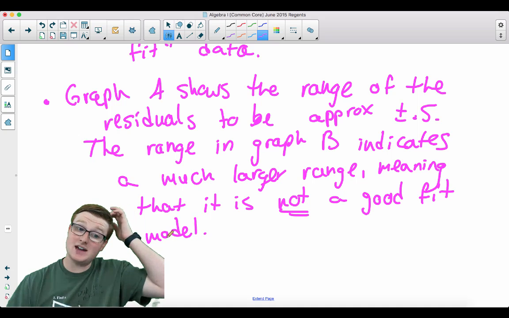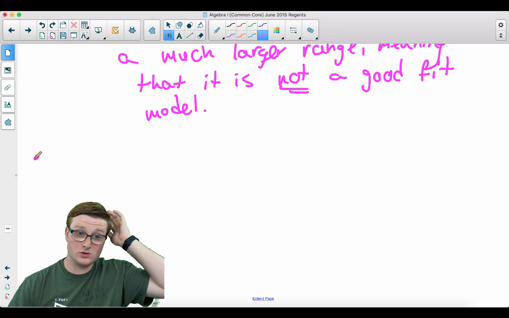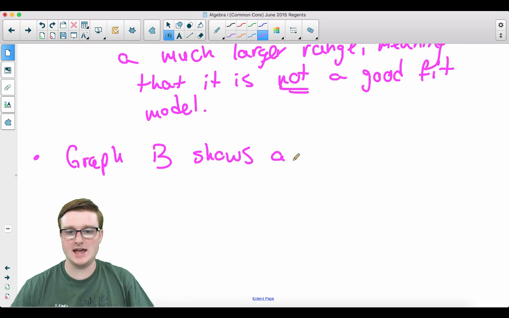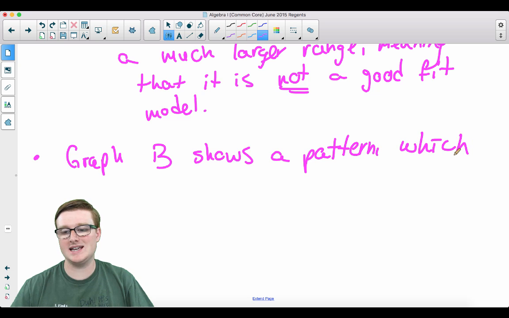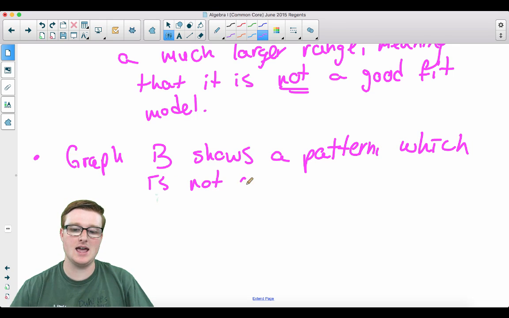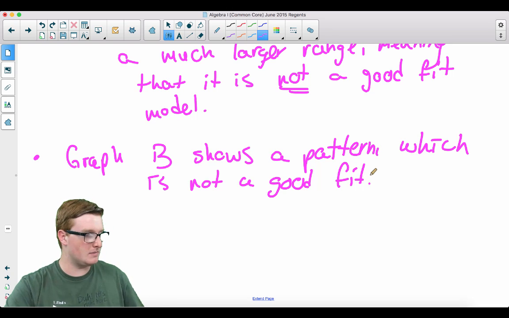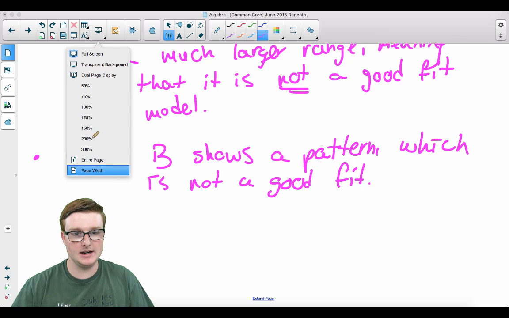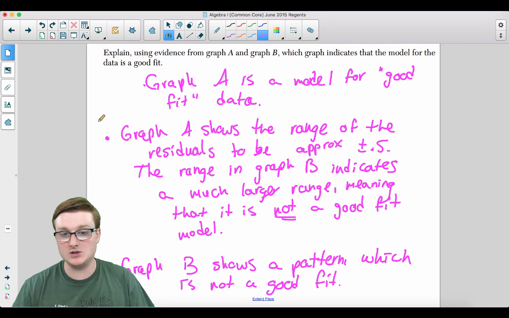Okay, so you could say that, or you could say that graph B shows a pattern which is not a good fit. So any one of those answers would be perfectly acceptable on the exam. All right, and that's how you do this question.